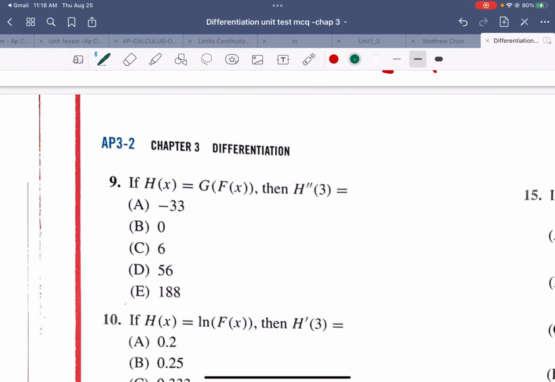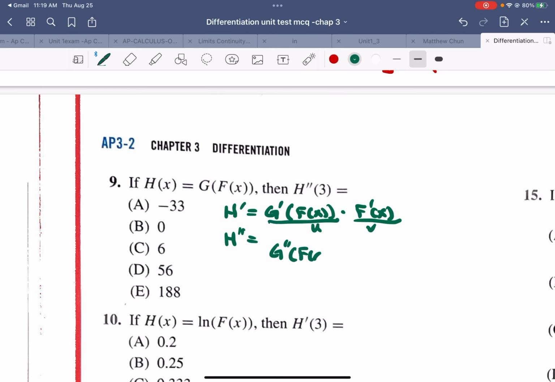But this is a second derivative, so let's take a derivative once: g prime of f of x times f prime of x, because of the chain rule. Now, for the second derivative, use the product rule, right? UV. So the derivative of u, that's the second derivative, times the derivative inside, times f prime of x.